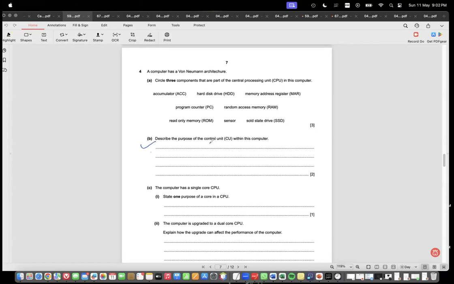So the first prime purpose is, with the help of control signals, the control unit can control or maintain the amount of data which is carried from RAM to CPU and vice versa.